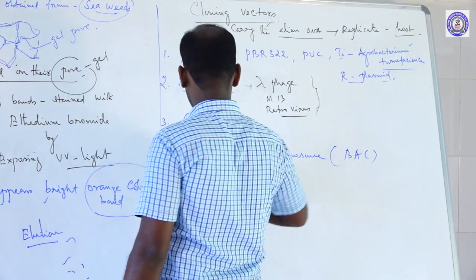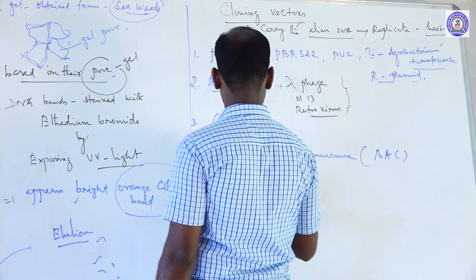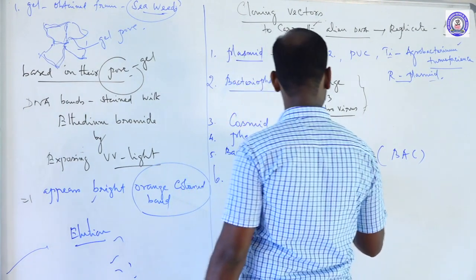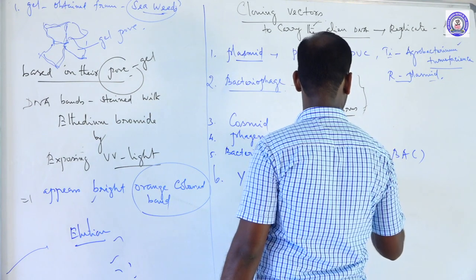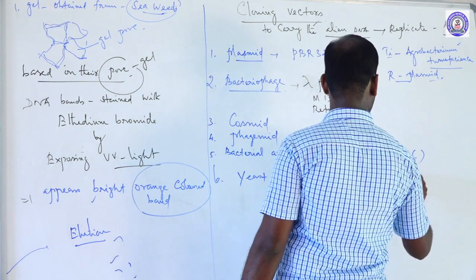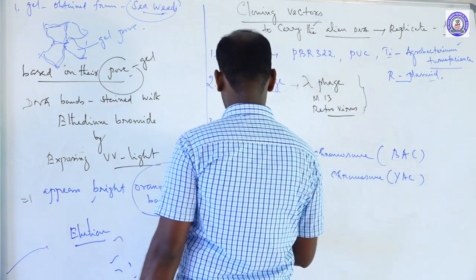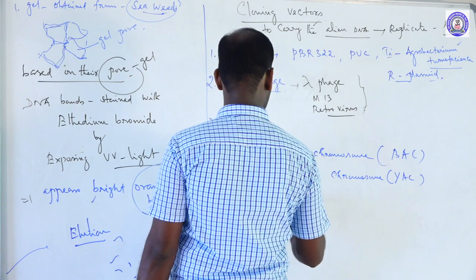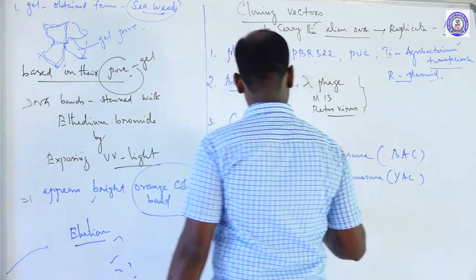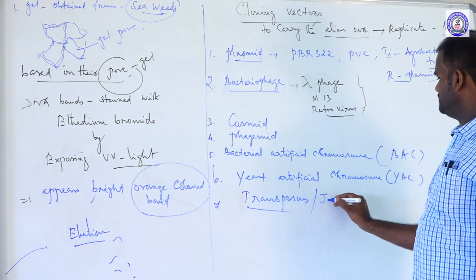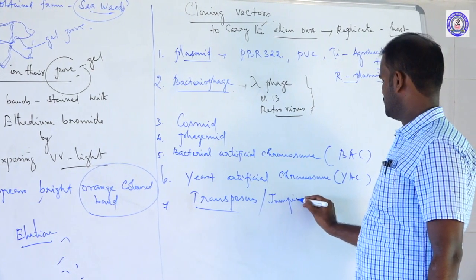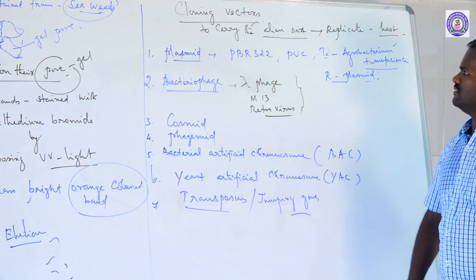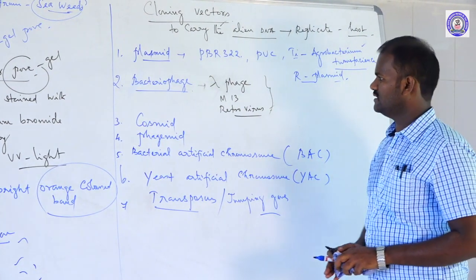The sixth one is the yeast artificial chromosome. Then transposons, also called jumping genes. So these are the other vectors also used in recombinant DNA technology.